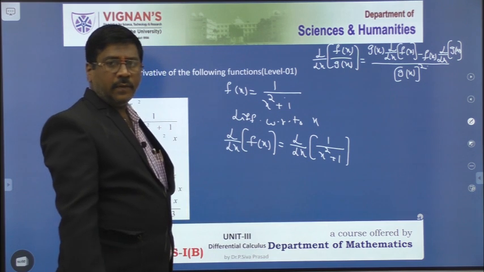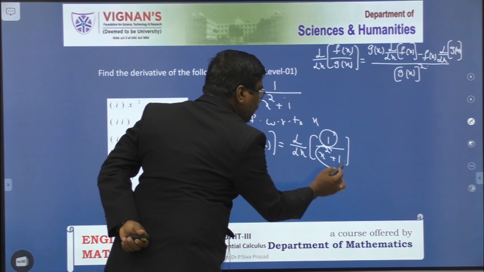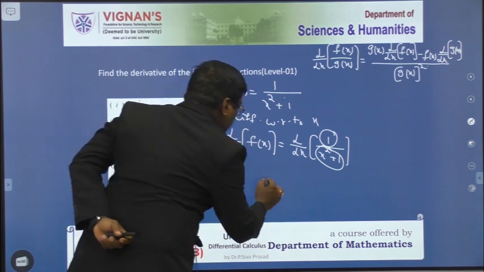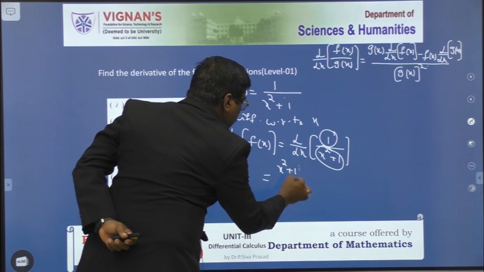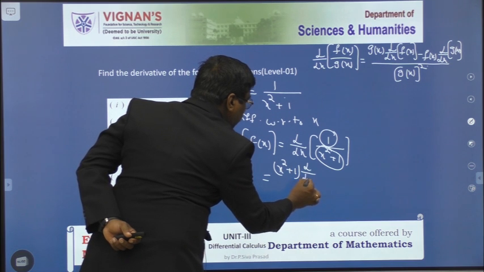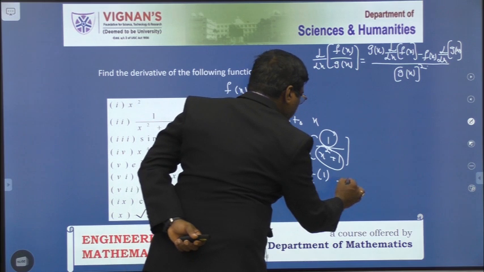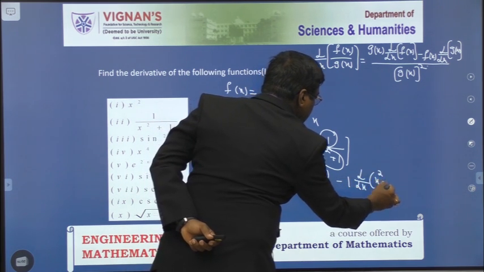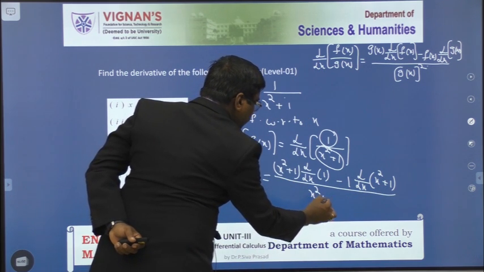I take the numerator as f of x and the denominator as g of x. Then applying the formula, starting from the denominator, x square plus 1 into d by dx of the numerator, minus 1 into d by dx of the denominator, that is x square plus 1, divided by x square plus 1 whole square.